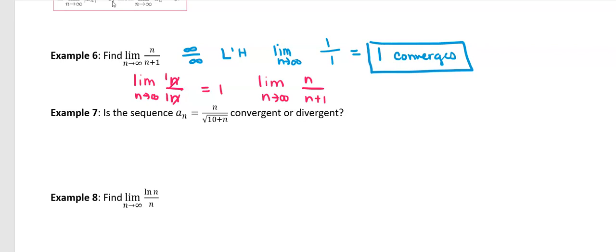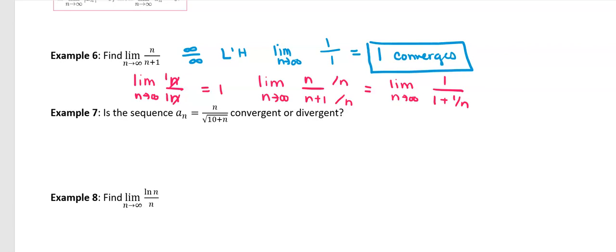My largest term is n, so you're going to divide by n in both the numerator and the denominator, and that would simplify to the limit as n approaches infinity, and the numerator would become 1, because n divided by n is 1, and the denominator would become n divided by n is 1, plus 1 divided by n would be 1 over n.